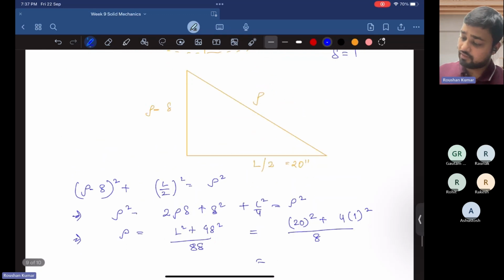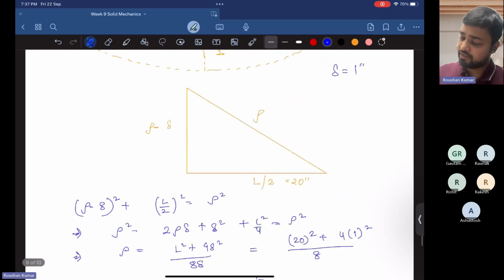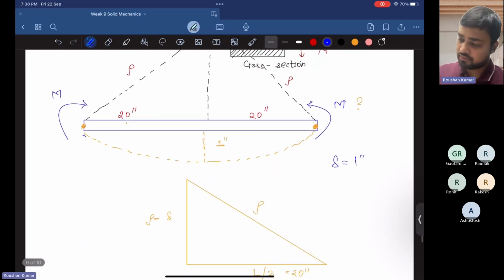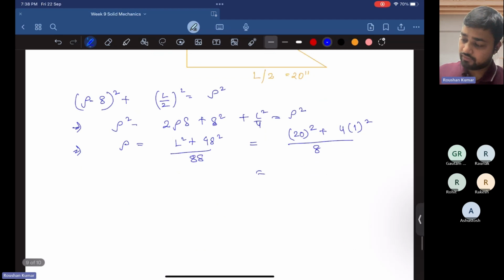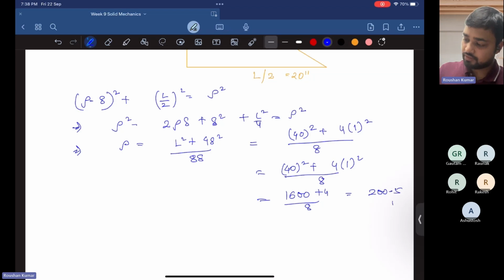L by 2 is basically 20 inch, so L here is 40. 40 square plus 4 times 1 square upon 8, 1600 plus 4 upon 8, which is coming out to be 200.5 inch.